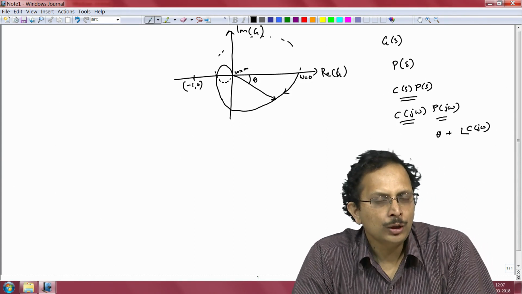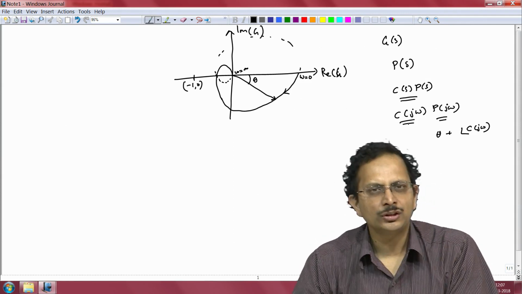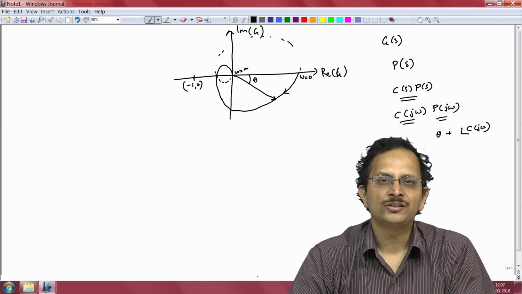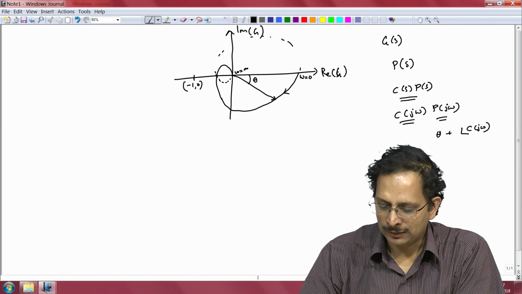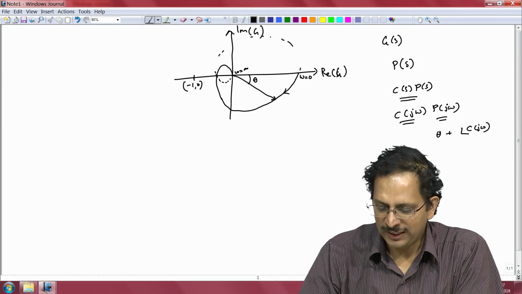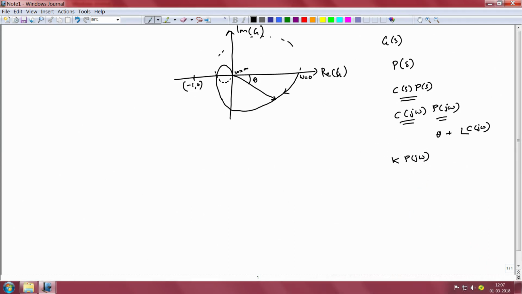Now suppose we want to look at the special case where our controller C of j omega only modifies the magnitude but not the phase, in which case our open loop system would be of the kind k times P of j omega, where k is some real constant. How would the Nyquist plot for this kind of an open loop system look like?